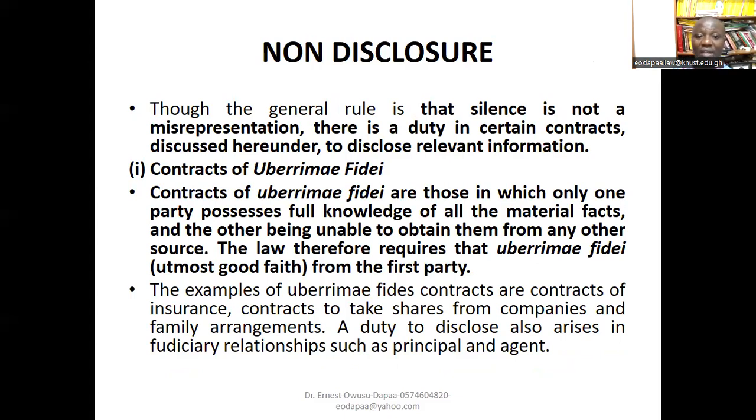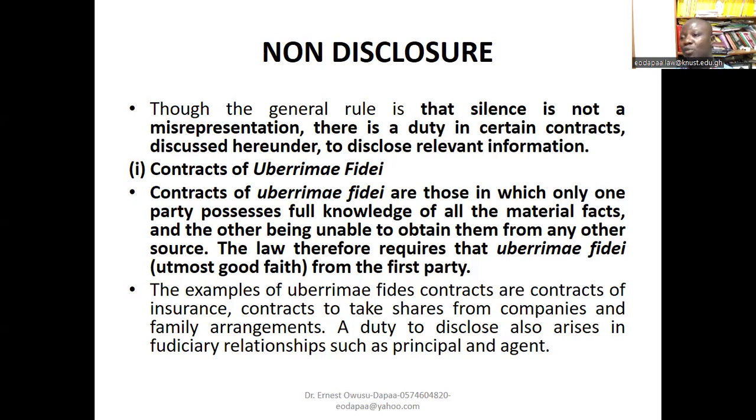You talk about uberrimae fidei contracts, that is, contracts in which one party possesses full knowledge of all material facts and the other is not in a position to obtain the same information from any other source.